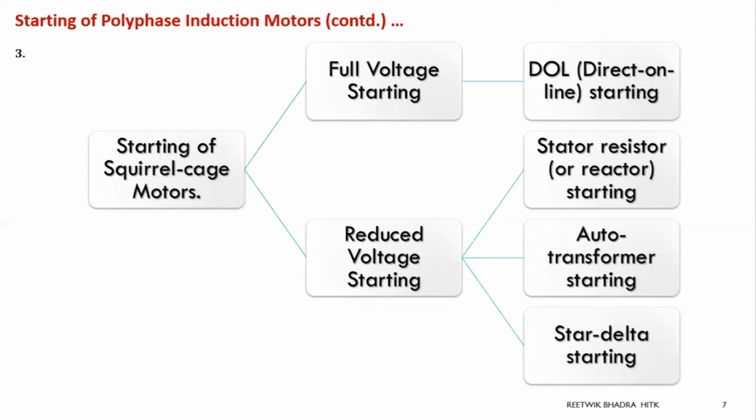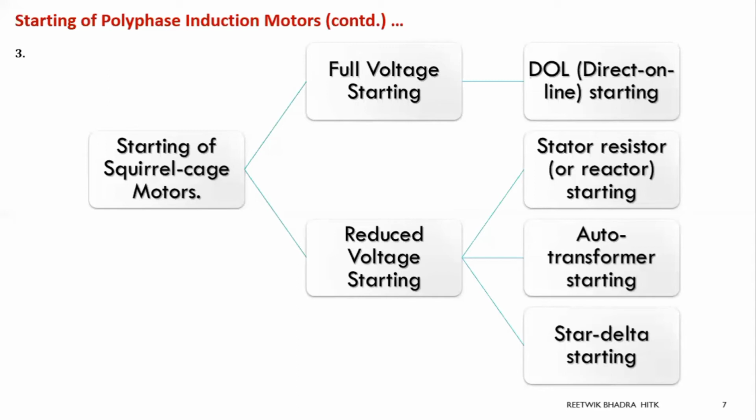If that 10 ampere is not suitable for the stator windings, it may damage the winding insulation. So what we will do, we'll give a reduced voltage, 330 volt. So that 10 ampere will not flow, maybe 6 ampere will flow. And if 6 ampere is within the limits of the stator winding rated current, then the stator winding insulation will not get damaged. So that is one advantage of reduced voltage starting.